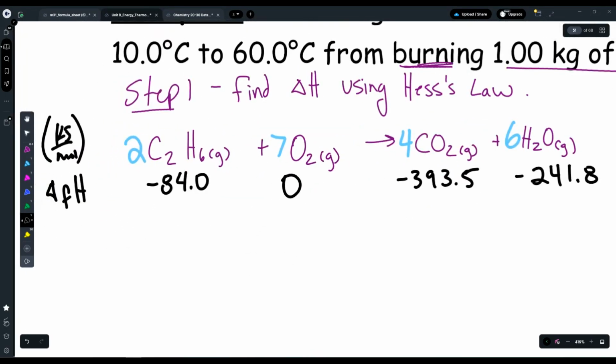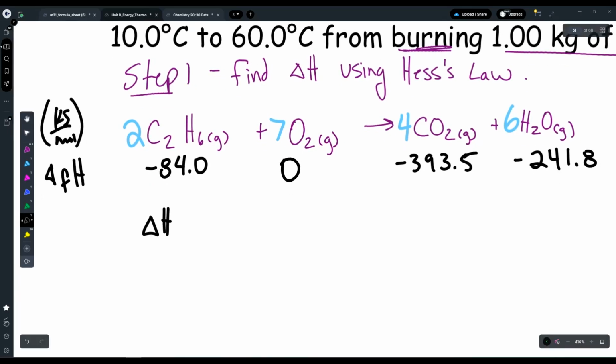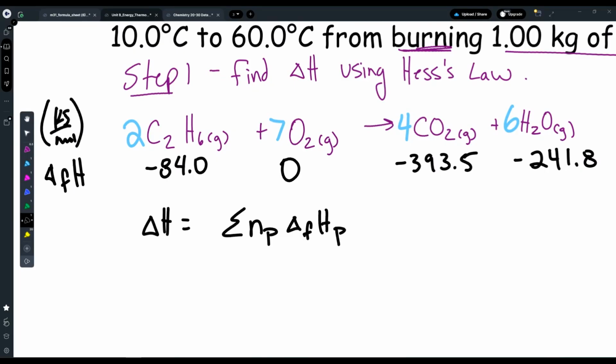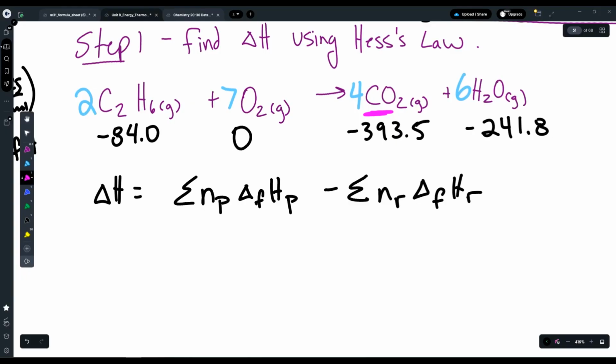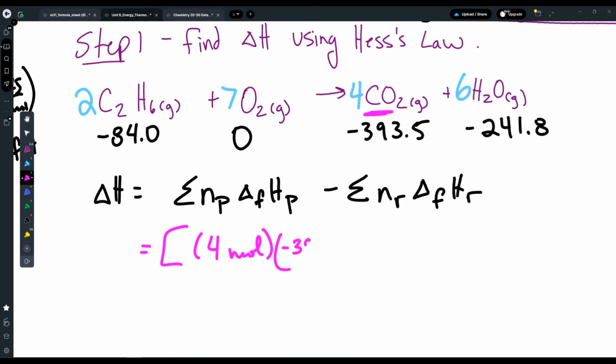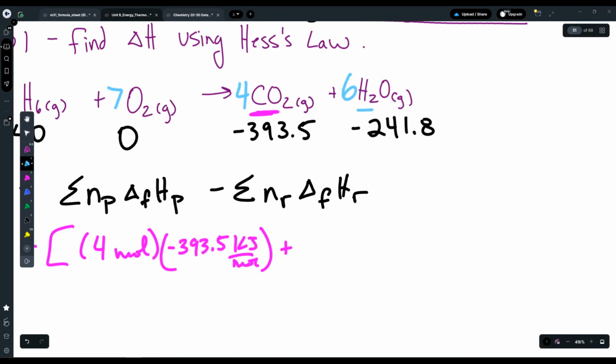Alright, so that's all my background work. Let's write out my formula. So products minus reactants. Alright, so I'm going to use pink for carbon dioxide. So we have 4 times negative 393.5, plus, I'm going to use blue for water vapor.